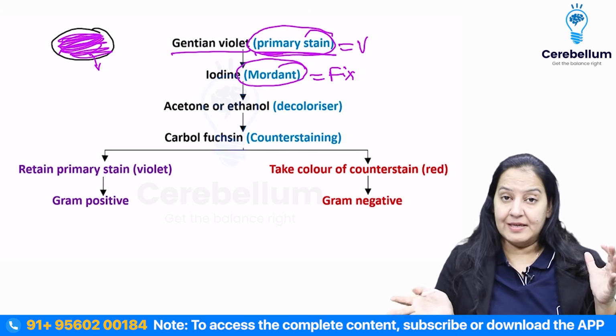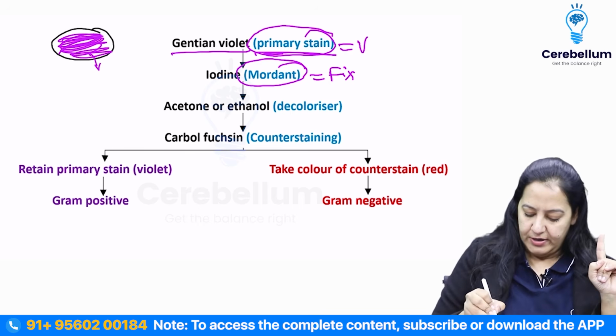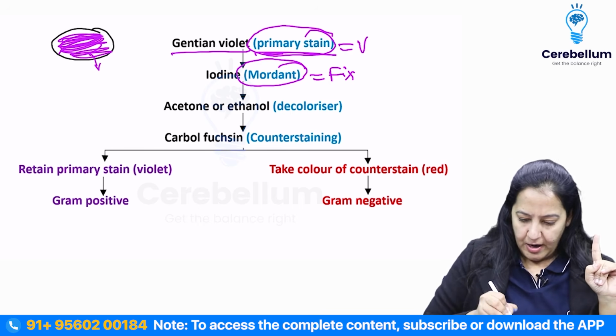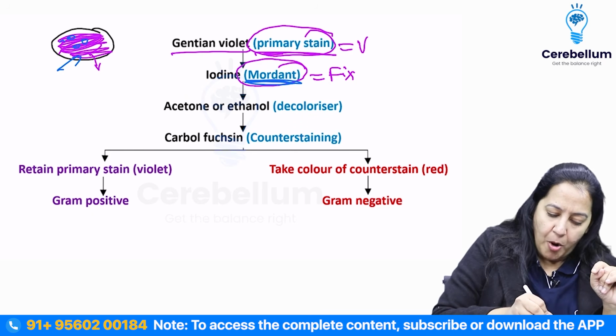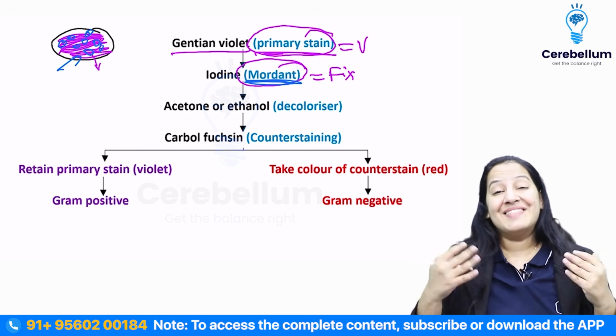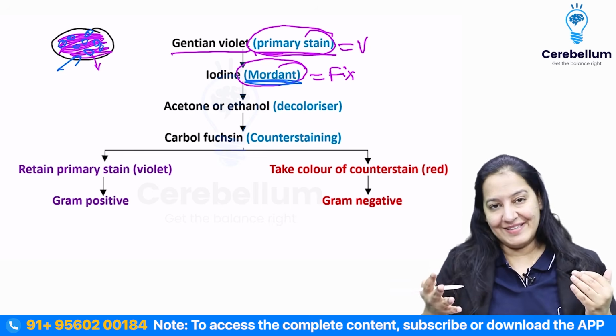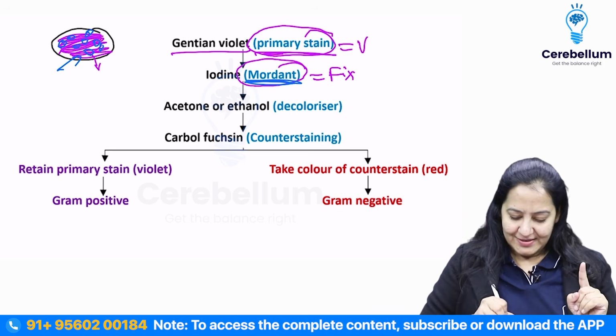Now you want to fix the primary stain inside the bacteria only. So you have to provide a mordant. If you give iodine, iodine will form a complex with the primary stain and fix the primary stain inside the bacteria only. That is the meaning of the mordant, right? It forms a complex with the primary stain inside the bacteria only.